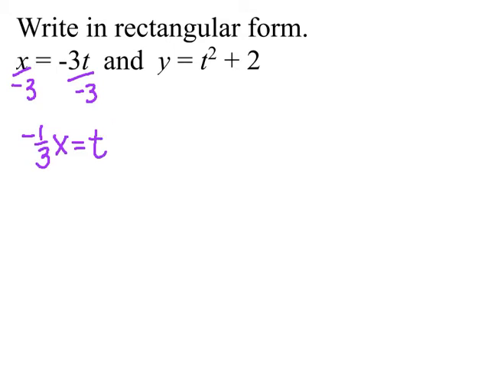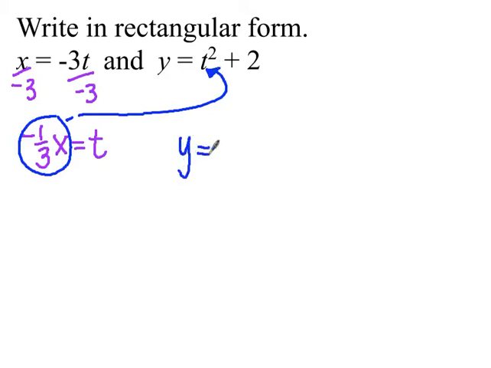Now what I'm going to do with that negative 1/3 x is take that and substitute it into this equation right here for t. So I have y equals negative 1/3 x squared plus 2.